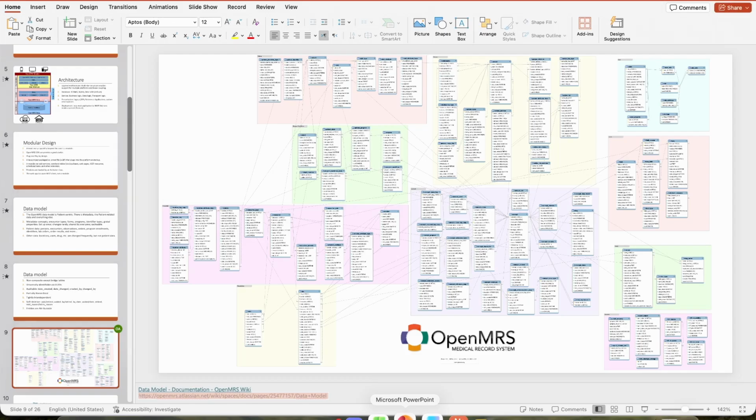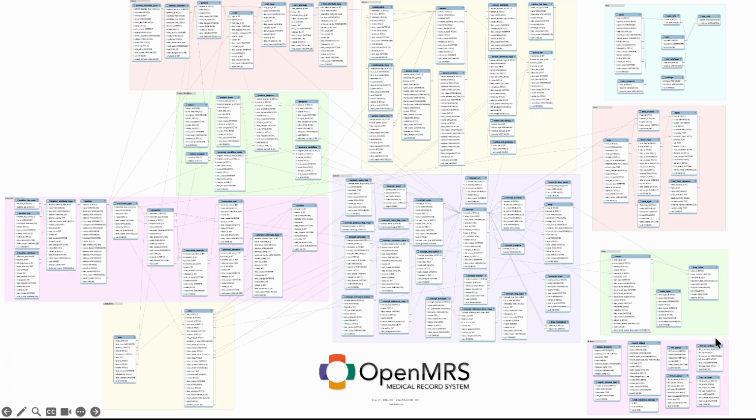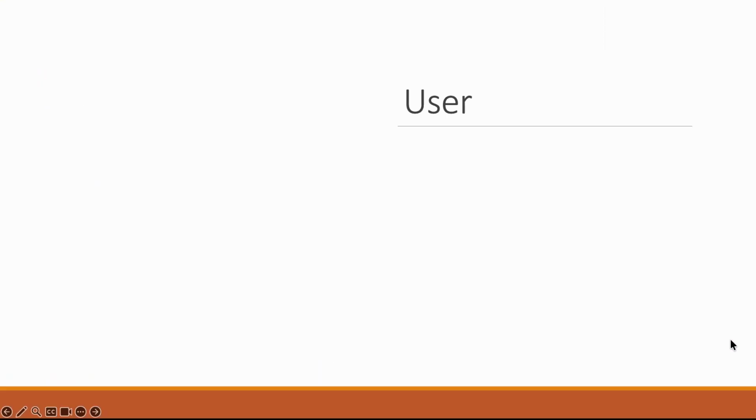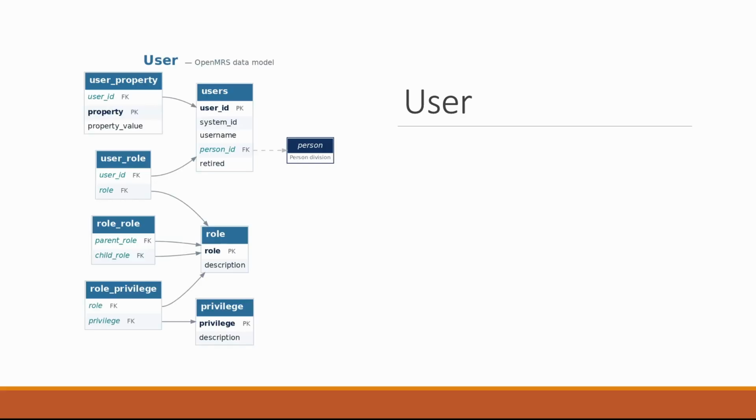So let's now talk about individual segments of the OpenMRS schema. The first one is user. Now user is an entity which you can say is independent of other tables.